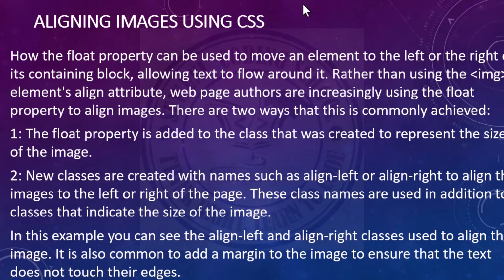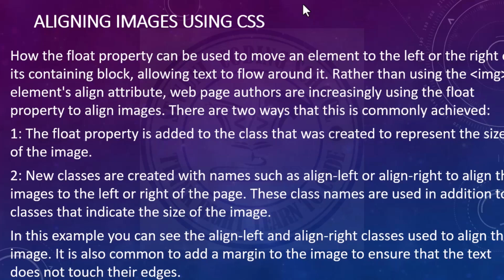Instead of using the image element and the align attribute, web page authors are increasingly using the float property to align images. There are two ways that is commonly achieved. One is the float property is added to the class that was created to represent the size of the image. And secondly, new classes are created with names such as align left or align right to align the images to the left or to the right of the page.